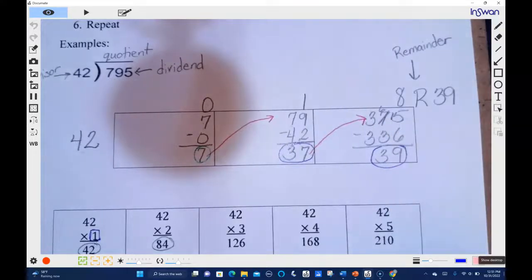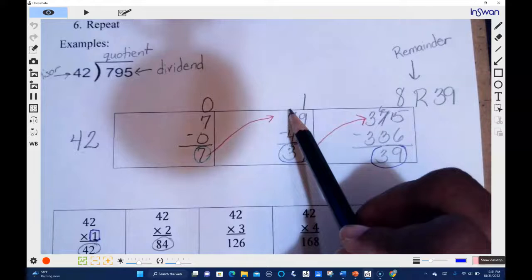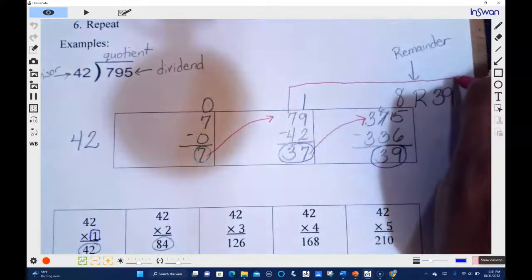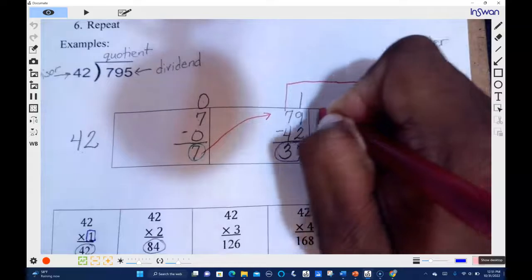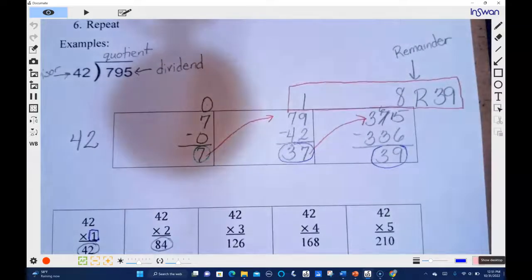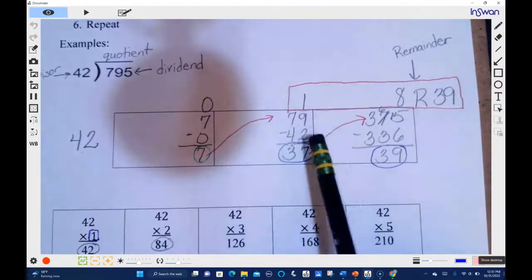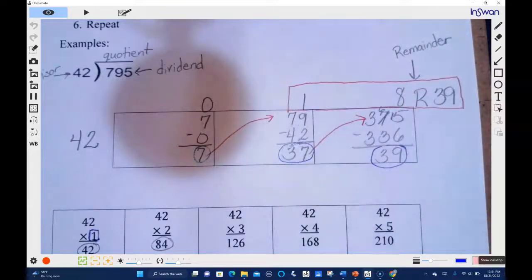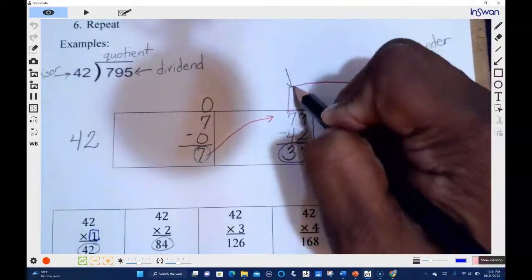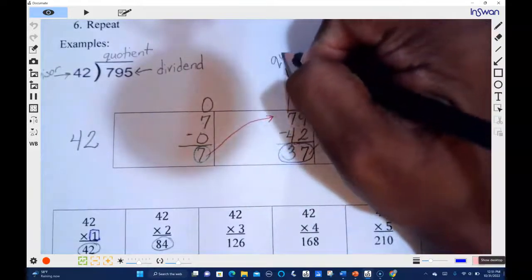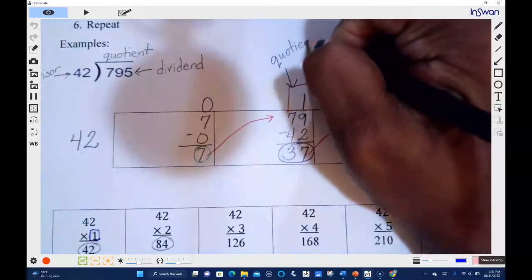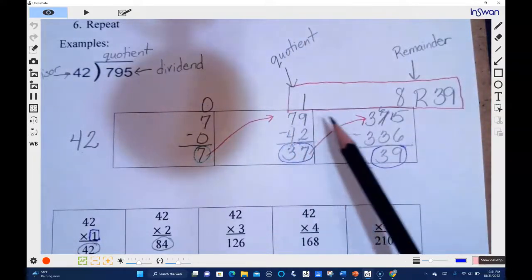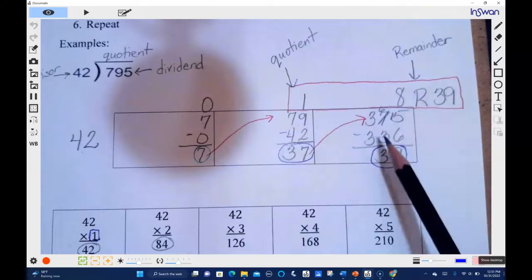So our quotient is 18 with a remainder of 39. We don't have to put the 0 in front of it. So we just put our next one. 1, 8, remainder 39. That is our quotient. That is our answer to our division problem. 18, remainder 39.